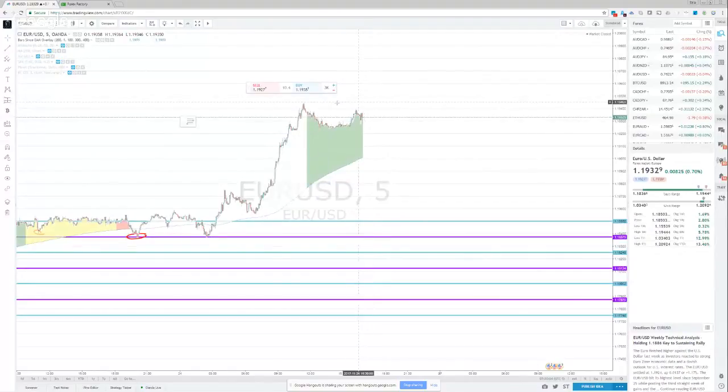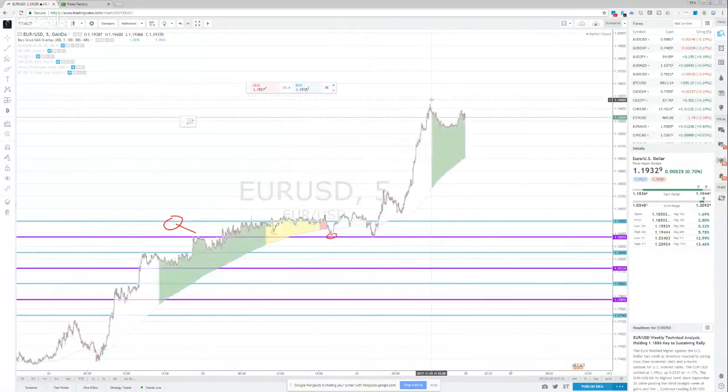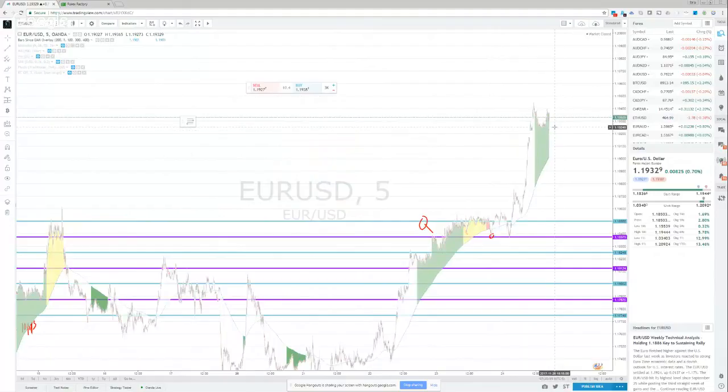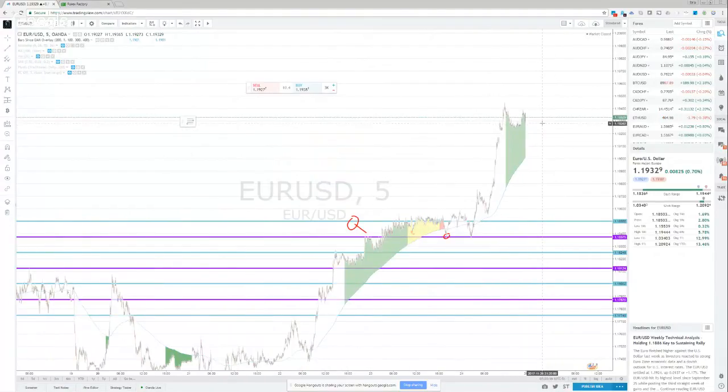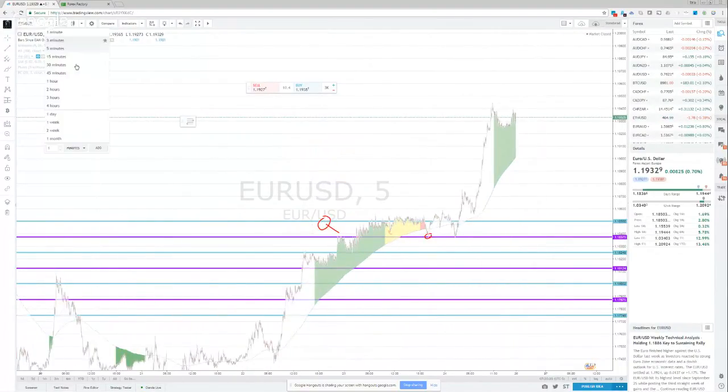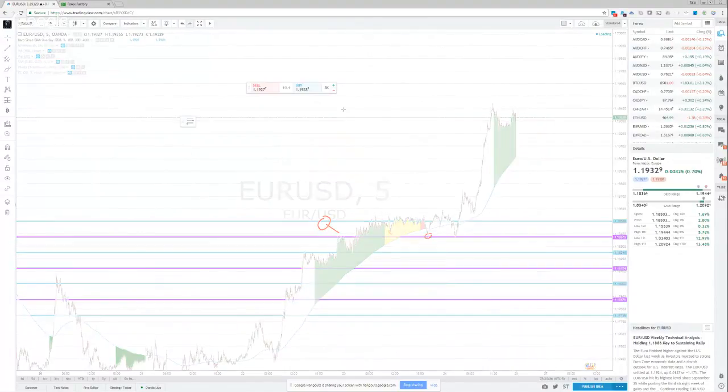So let's see here. This is where the supply is on the 50 level, but none of them got hit. It went down and then it bounced up, but it didn't reach or take that level. And looking into the weekend, that should be okay.